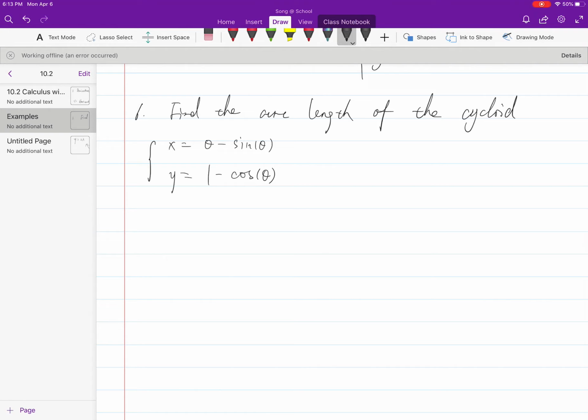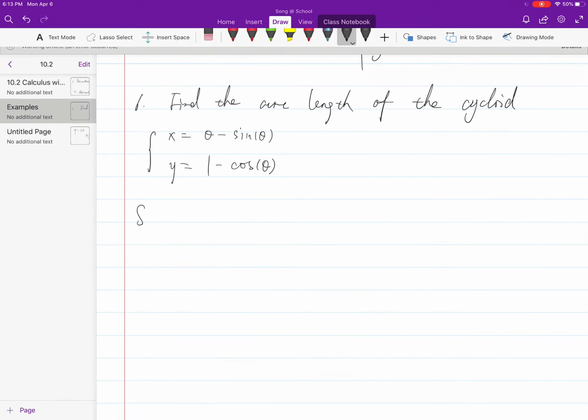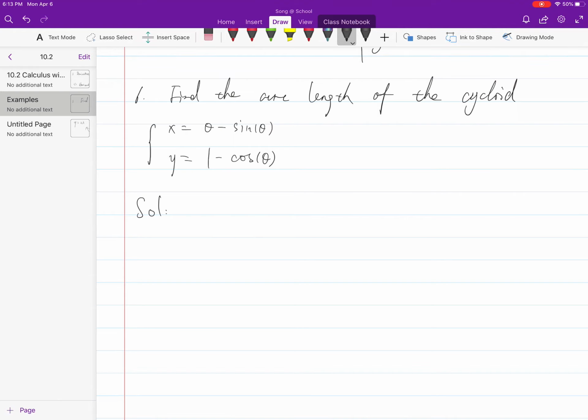But you can try it with r and see how the arc length is going to change with r. My guess is if you double r, you double the arc length. Okay, you double the r, you probably get 4 times bigger area. So that's normal.